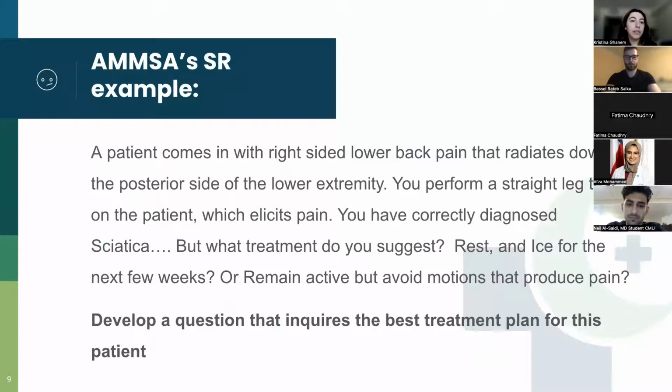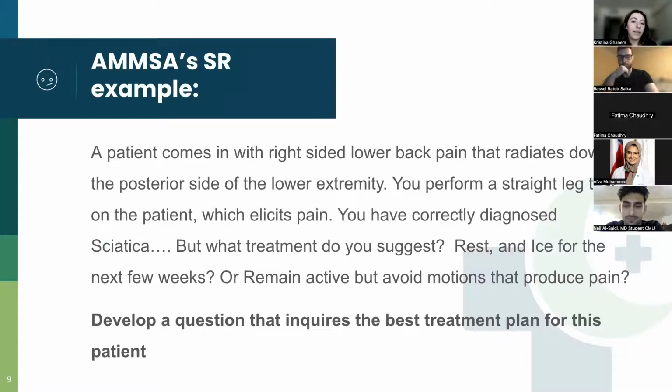So we are going to be using this patient example throughout the lecture series just so that you guys can follow along and make it a little bit easier and match up your work with our work. So for this systematic reviews example, we're going to have a patient come in with right-sided lower back pain that radiates down the posterior side of their lower extremity. In clinic, after performing a straight leg test, which ends up being positive due to eliciting pain, we're going to diagnose this patient with sciatica.